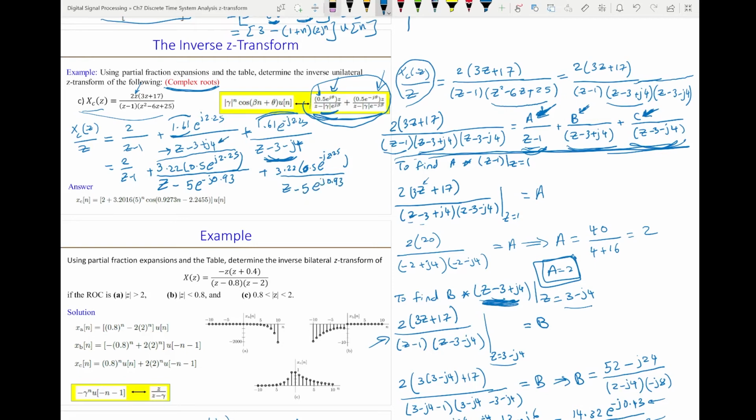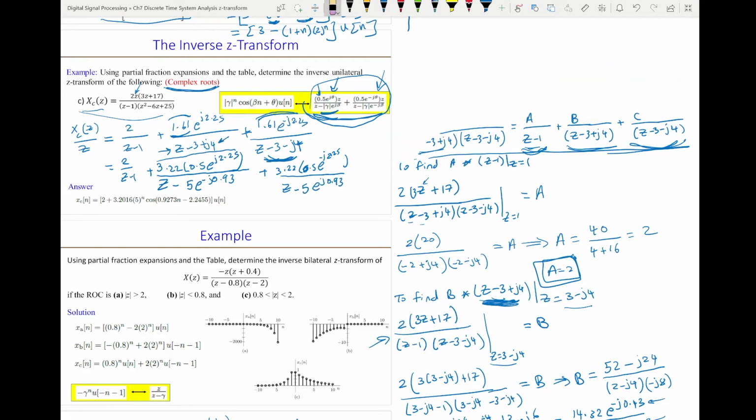Let's clean up a little bit. So now let's rewrite this equation again here. And I'm going to bring z now in the numerators here.